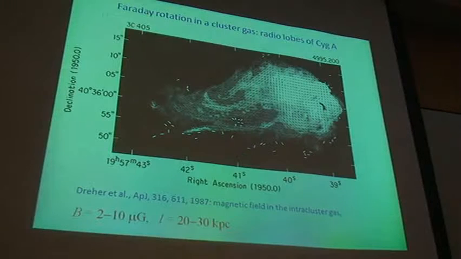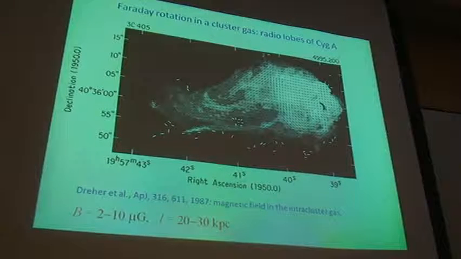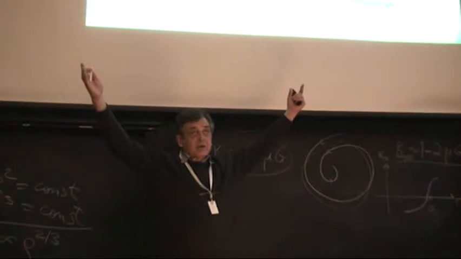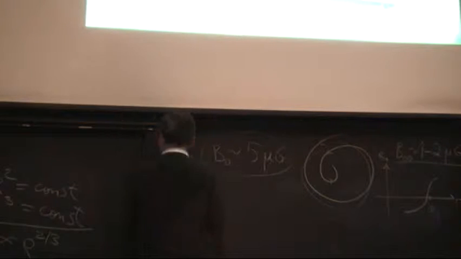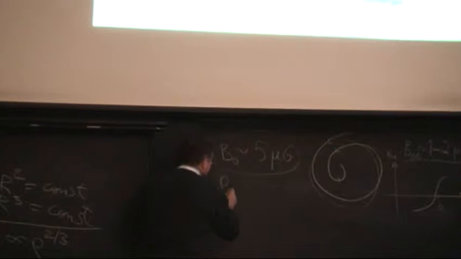We are talking about clusters which contain thousands of galaxies. It's a huge object. Meanwhile, the field strength is comparable to the strength of the field within a spiral galaxy, and the scale of this field is comparable to the size of the galaxy. Again, let's imagine that the magnetic field of the galaxy is expelled from the spiral galaxy into intergalactic space, right? 10 microgauss, the density within the galaxy is, say, 1 particle per cubic centimeter.